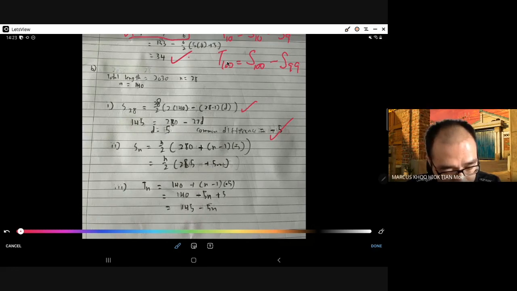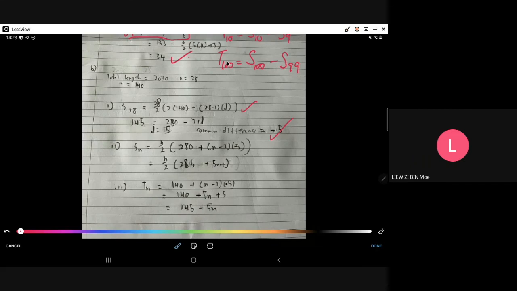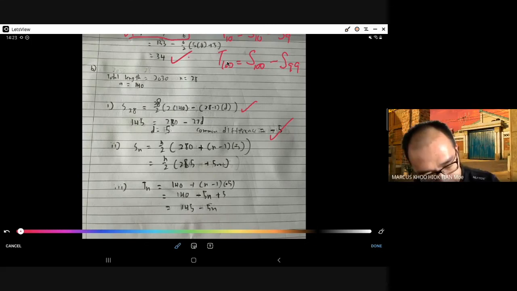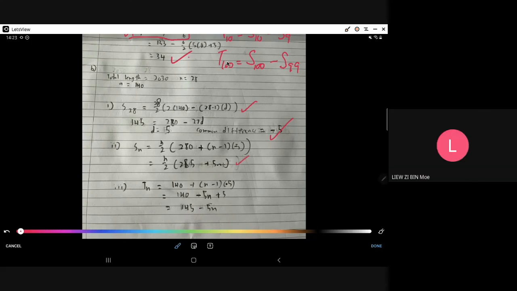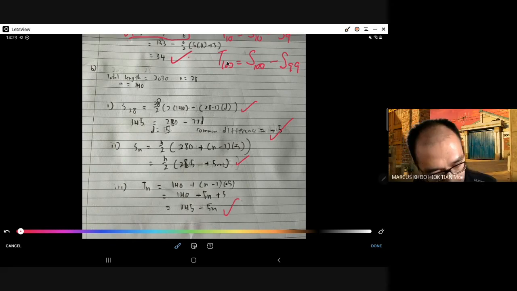Okay, good. For B2 is just substitute all the information, so you get n over 2 bracket 285 minus 5n. For the third one is also substituting everything into the term formula, and you will get 145 minus 5n.